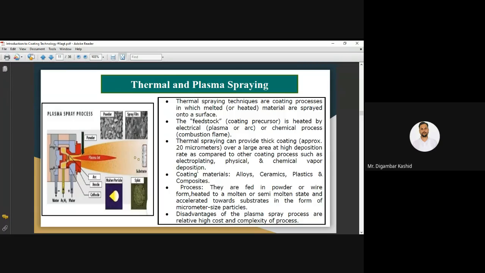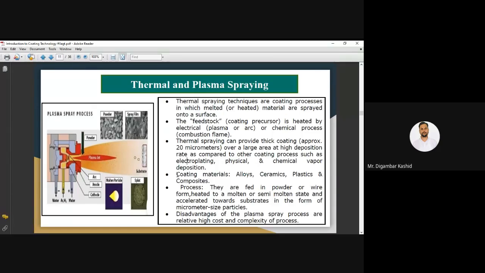Electroplating is our traditional process, and physical and chemical vapor deposition processes are the advanced coating technologies. Just for introductory purposes, I am giving this information. In detail, we are going to see it in the next lecture.